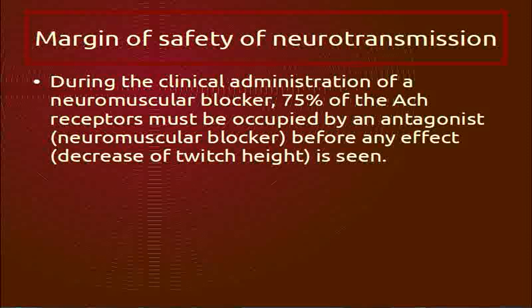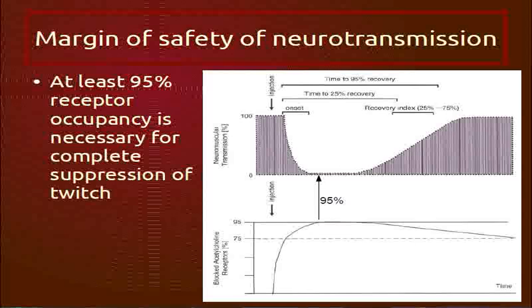You may start to see the loss in amplitude of the first twitch when you have 75% of your junctional nicotinic muscle receptors blocked. And now, if you lose your twitch totally, you have, best guess, blocked 95% of your junctional receptors.